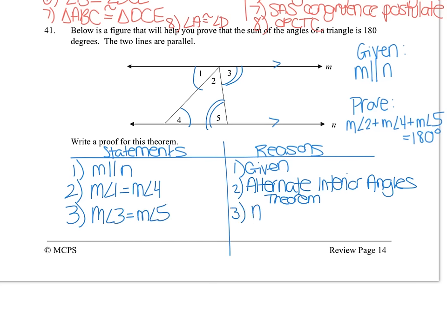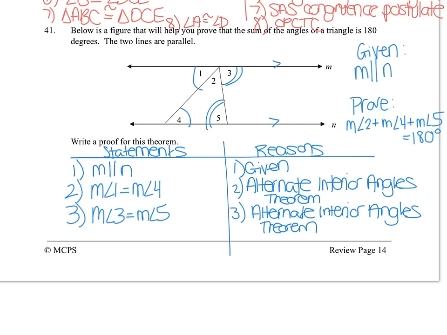This is also because of alternate interior angles theorem. If you want to say something along the lines of, if 2 parallel lines are cut by a transversal, then the alternate interior angles have the same measure, that's fine, but this might be easier.